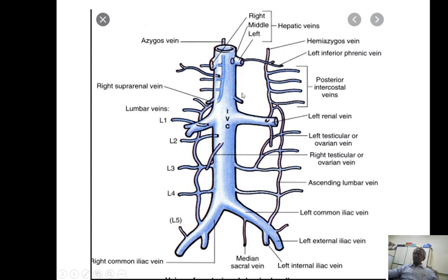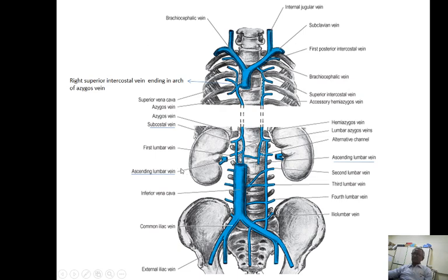And then it is joined by the ascending lumbar vein. This is the ascending lumbar vein, and this is the subcostal vein. So here it is more clear.